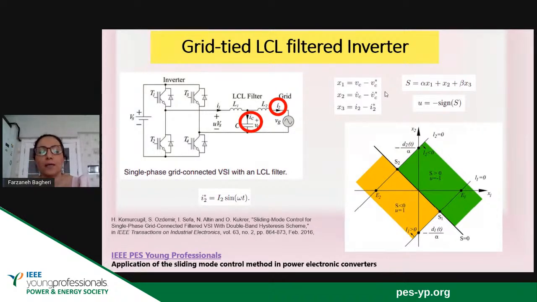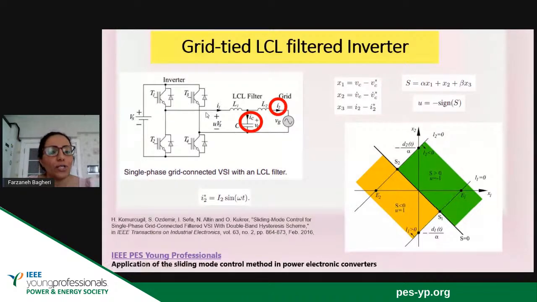So it is the contribution of this paper, this sliding function, and also it is using the conventional control input, a sine function, sine of s. There is another contribution in this paper that it is using a double band hysteresis scheme instead of injecting this control input directly to this power electronic converter.